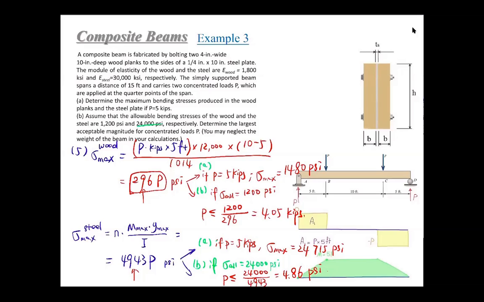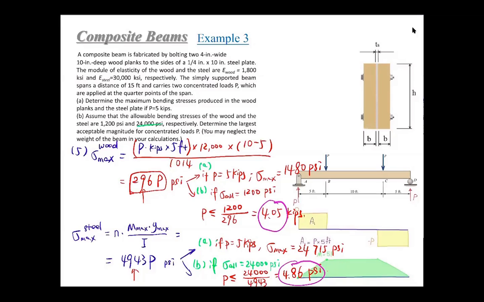Then for step A, this is okay. We just need to determine the maximum stresses in the wood and in the steel, and they have been determined. But for B, the design problem, you still need one more step. Since we have determined P cannot be larger than 4.05 here, and cannot be larger than 4.86 here, we need to select one of them as the final report.